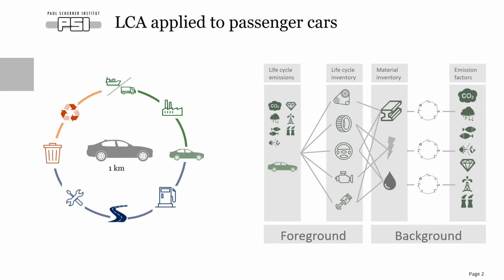These materials and different services and goods are associated themselves to environmental impacts, which allows us to then back calculate the overall environmental impact of our car, which would then be typically normalized by the number of kilometers it would drive along its use phase, so that we obtain environmental impact per vehicle kilometer.